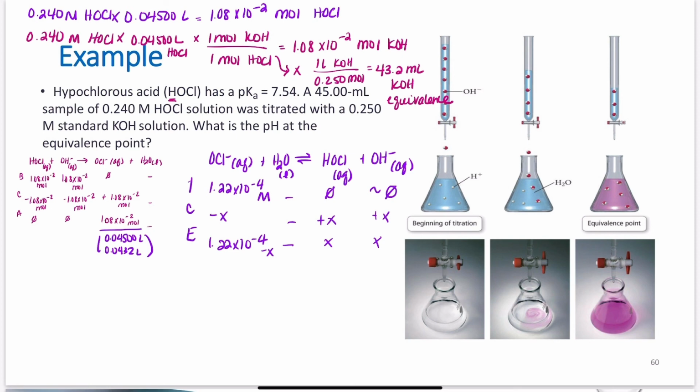We're going to set up our K expression. Note that you've got HOCl times hydroxide concentration in the numerator divided by OCl minus. Because I have hydroxide, I must use Kb. If it was hydronium or H plus up there, I would use Ka, but because it says hydroxide, I need Kb.